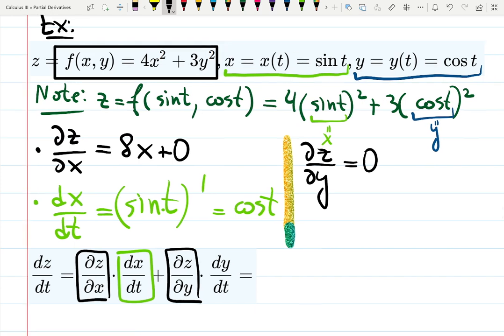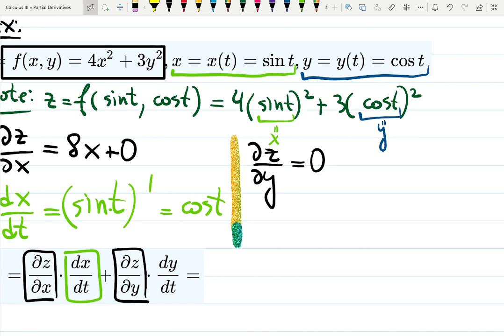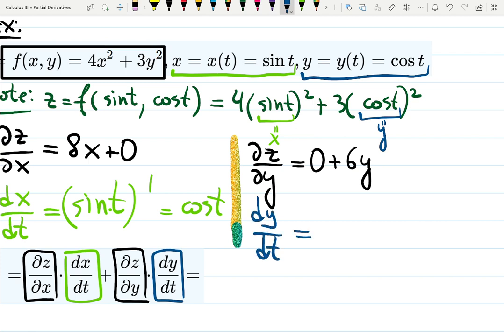Put 0. 3y squared gives me 6y because y is a variable. Agree? Yeah. Hope so. Finally, in the blue color is the non-partial derivative of y with respect to t. There is no choice because y only depends on t. It's cosine. Derivative of cosine is minus sine t.